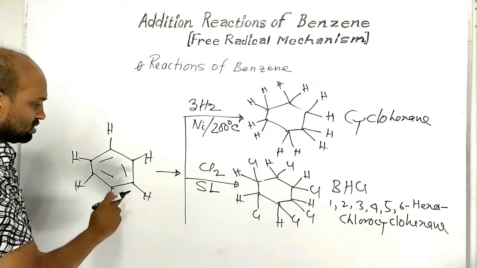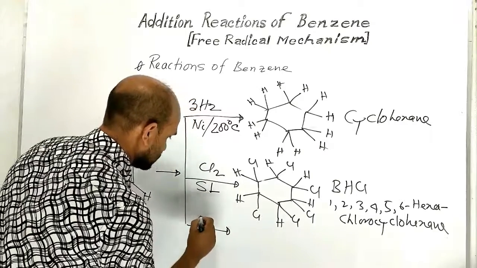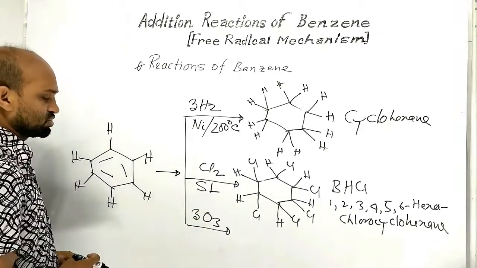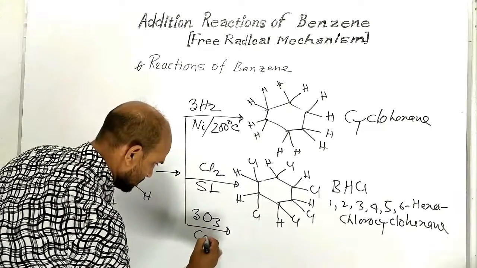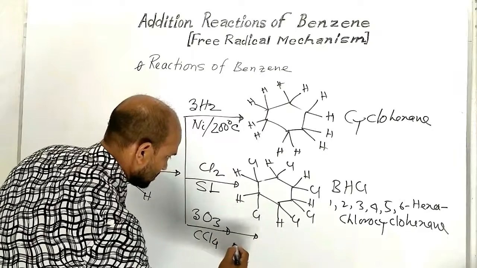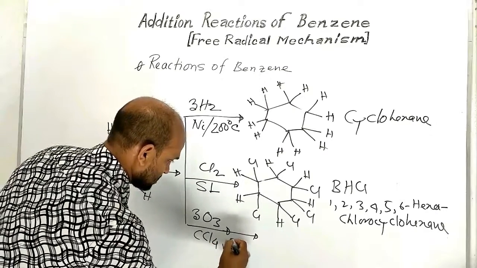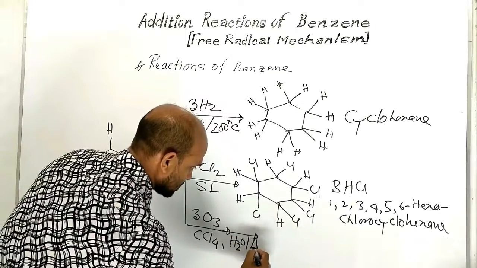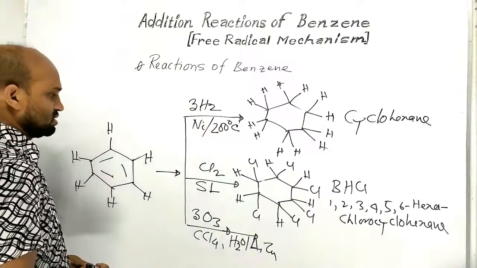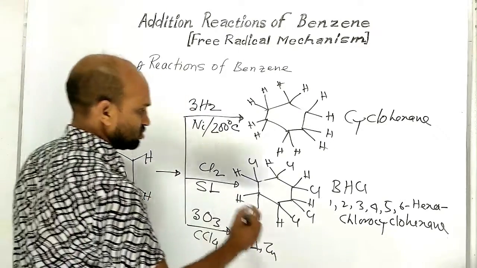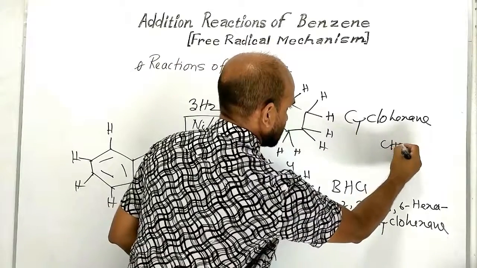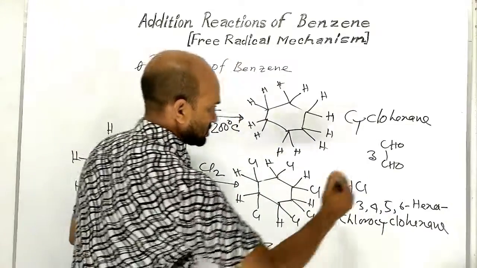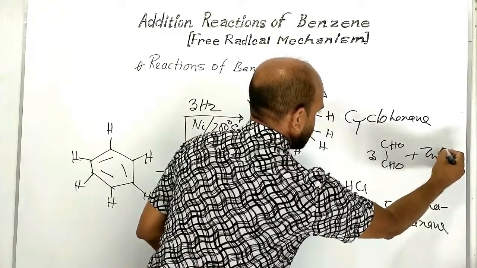Again, when benzene is treated with 3 molecules of ozone in presence of carbon tetrachloride, then it is hydrolyzed with warm water in presence of zinc. Then from this benzene we get 3 molecules of glyoxal and zinc oxide.